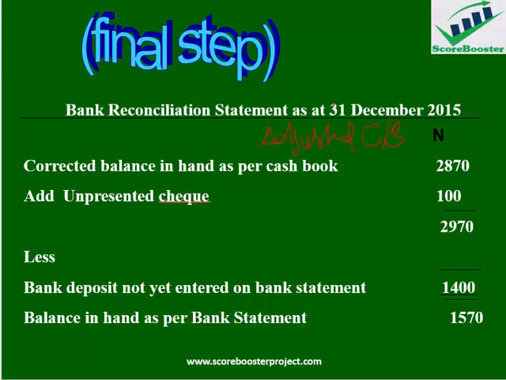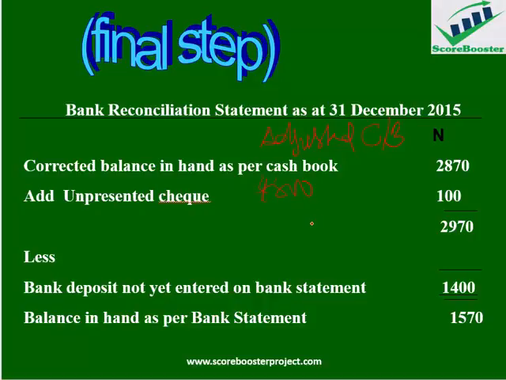Because my balance as per cash book is 4,008, if you could remember that. But after the adjustment, what do I use to adjust my cash book? The items that are in the bank statement that are not in a cash book are the ones I'm going to use to adjust my cash book.